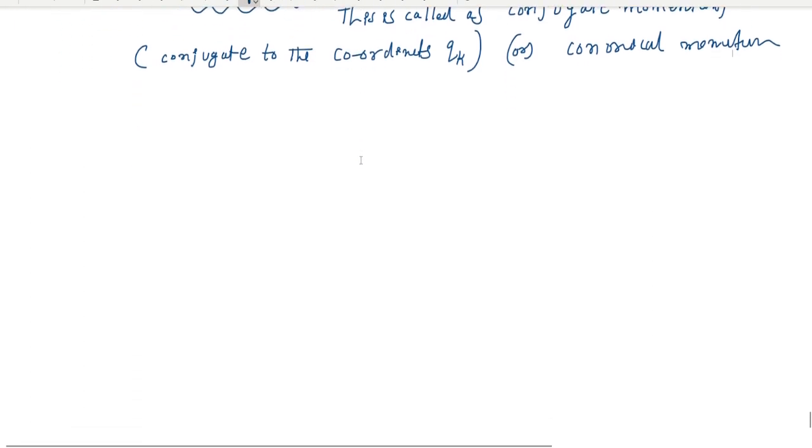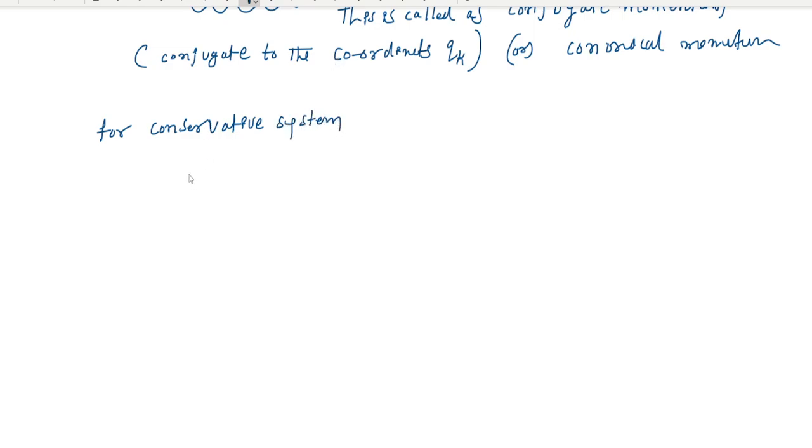For conservative systems, the Lagrangian equation is d by dt of partial derivative of L with respect to q k dot minus partial derivative of L with respect to the generalized coordinate q k equal to 0.